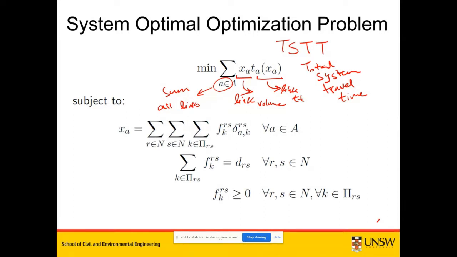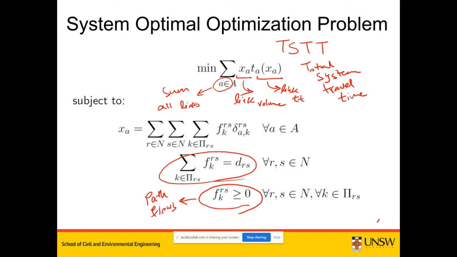We want to minimize the total system travel time, subject to a set of constraints. What constraints? The non-negativity constraint and the linear equality constraint. So this non-negativity was that path flows must be non-negative.